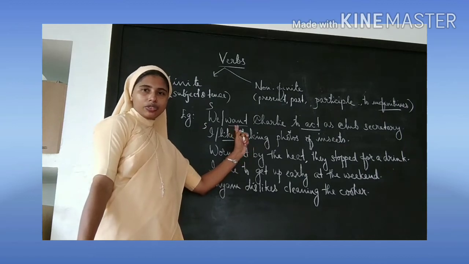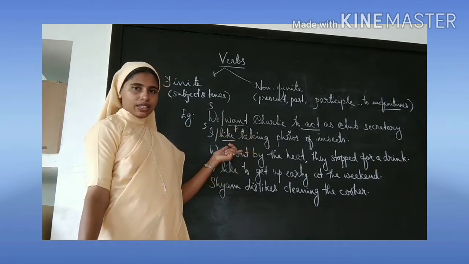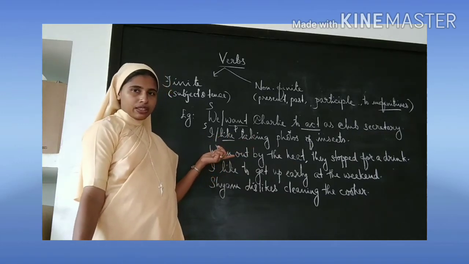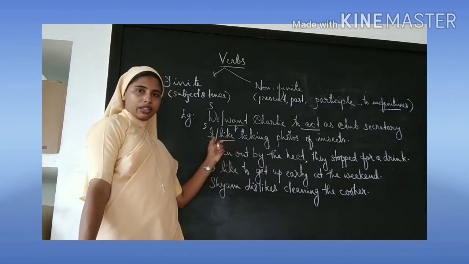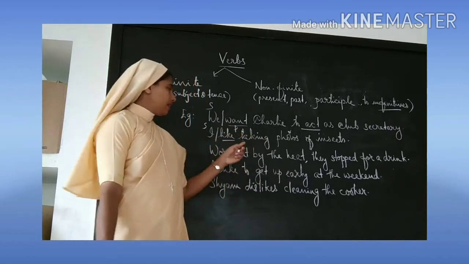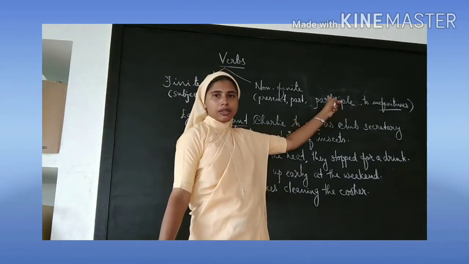"Taking" is used in sentences as a verb, isn't it? But in this sentence, it is not used as the main verb, isn't it? What is the main verb here? Like. I like taking photos of insects, and this is included in participle, present participle.